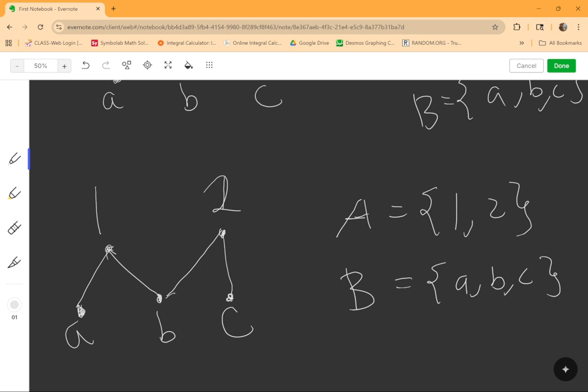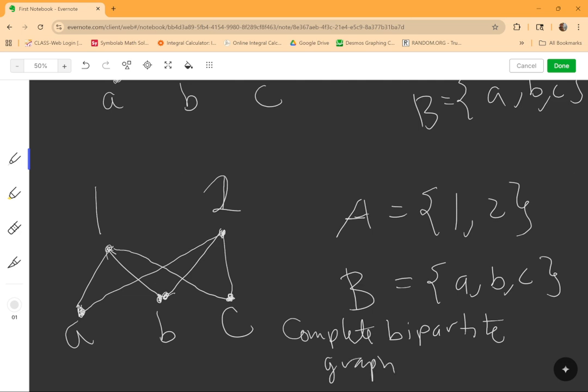What makes it complete is if every vertex in set A goes to every vertex in set B. So I would add this edge, and then this edge. Now we have a complete bipartite graph. These are examples of some definitions and an example of a bipartite graph.